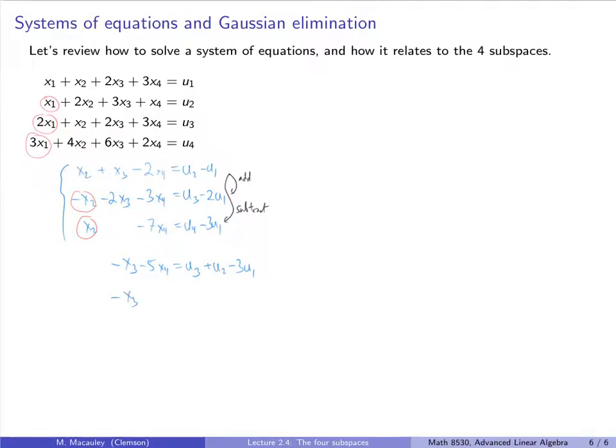And now we have negative 7 minus negative 2, so that's minus 5x4. And now here we get u4. We're subtracting a u2. And now we have minus 3 minus minus 1, which is minus 2u1.